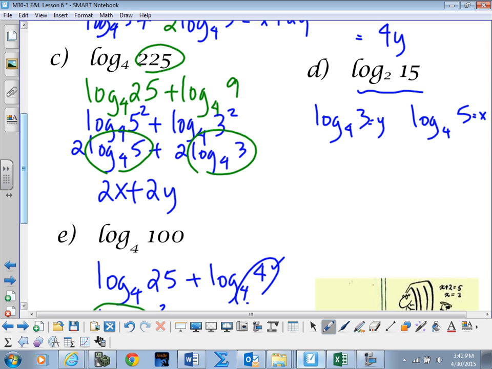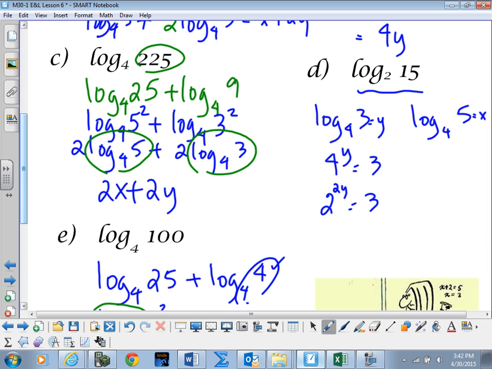This is what our y value equals. They're both base 4. We cannot break up base 2 and make this work. Let's change the base. So let's go to exponential. 4 to the y is equal to 3. Well, if I want to change my base to 2, I'm going to say 4 is 2 squared. So if I change the base to 2, then I have to multiply my exponents.